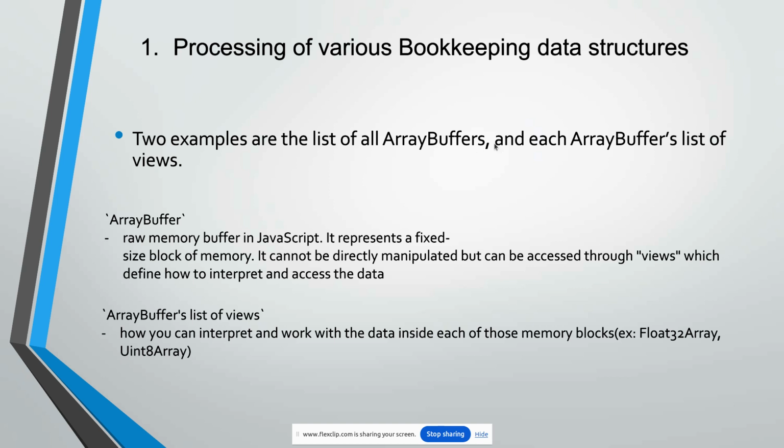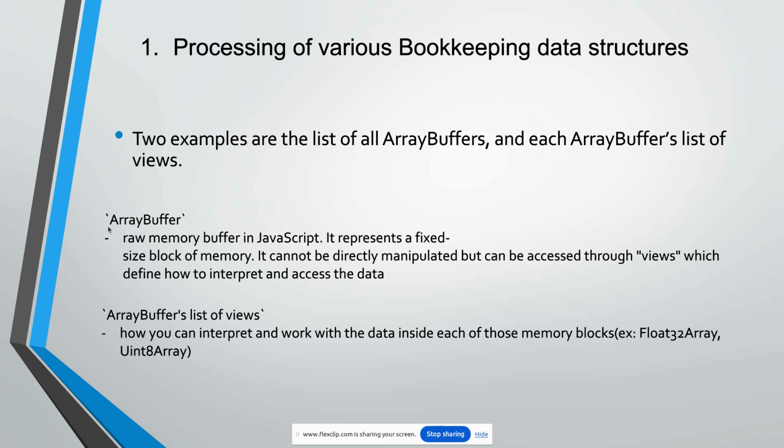But still, this is a useful optimization technique. An array buffer is a low-level memory buffer in JavaScript that represents a fixed-size block of memory, but it cannot be directly manipulated. We can use a view to define, interpret, and access it. For example, we use Float32Array and Uint8Array.